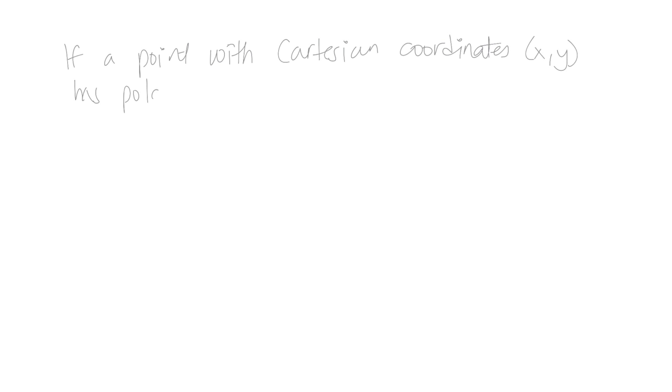Okay, so if a point with Cartesian coordinates x, y has polar coordinates r, theta, with r not equal to 0, that wouldn't make sense, then, okay, and these are all the relationships I just showed you. r squared equals x squared plus y squared.